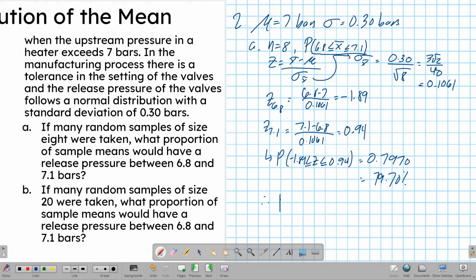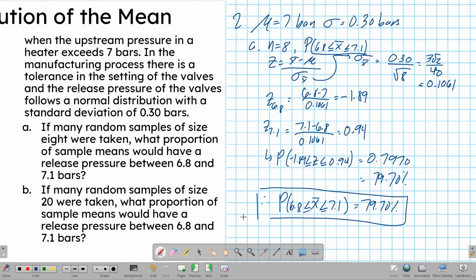Hence, if you take a lot of random samples with size 8, the probability that the means will fall between 6.8 and 7.1 would be 79.70%. There we go.